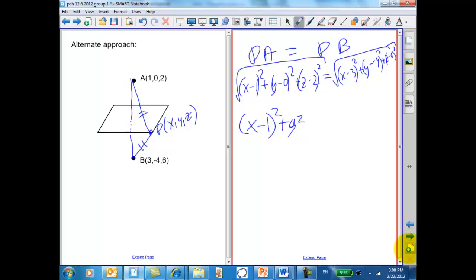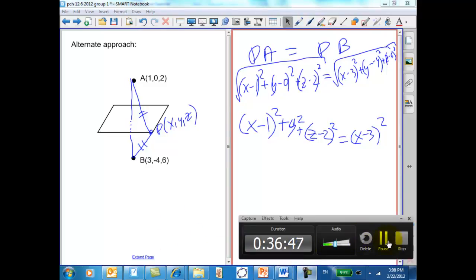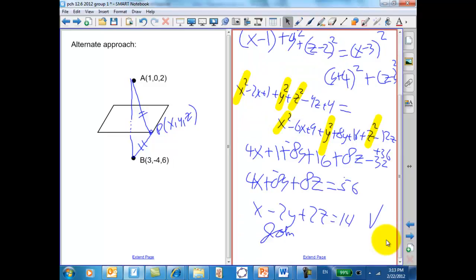Notice how we squared both sides right away. That's handy, right? So it doesn't deal with big square roots. Okay, and there's a plus and there's a minus, right? John, we're going to pause and then we'll restart again when you're all done. And well done, John.